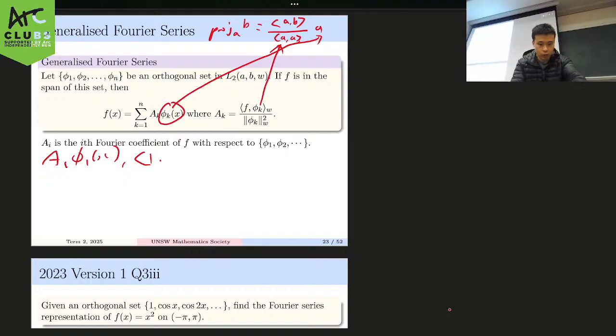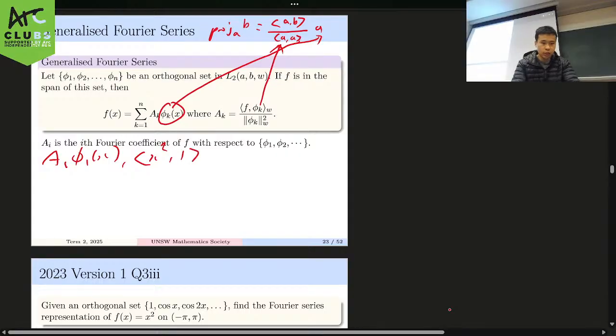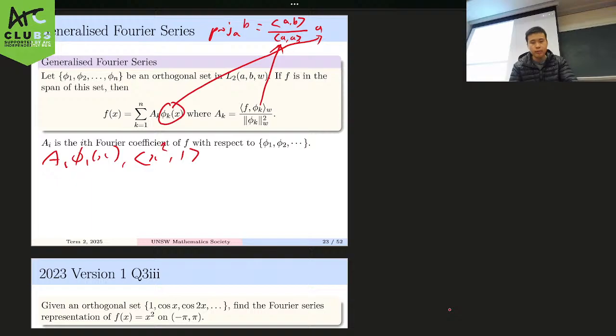So f, in this one x squared, inner product with 1, with respect to the weighting function. Well, if it's not stated, we can just assume the weighting function is just 1. So there's no weight. It's just the standard. So I have to do this, figuring out this coefficient.